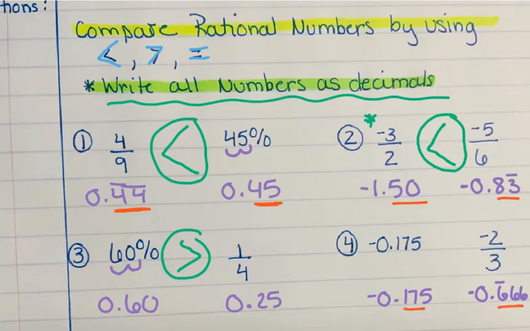So then we have to ask ourselves which one is closer to 0. So that's actually going to be -0 and 175 thousandths. I know that one looks smaller, but it's actually closer to 0.